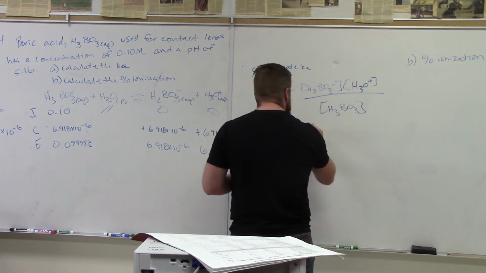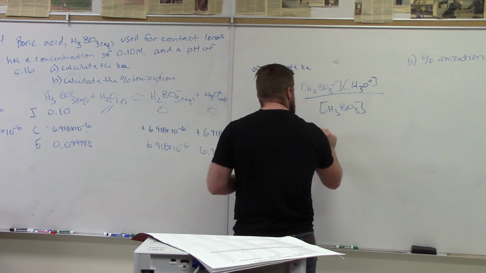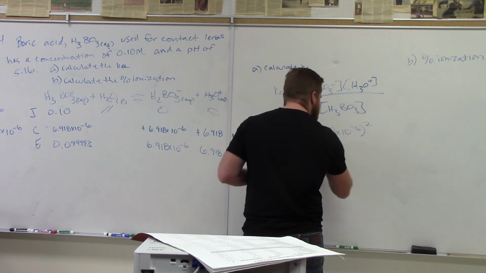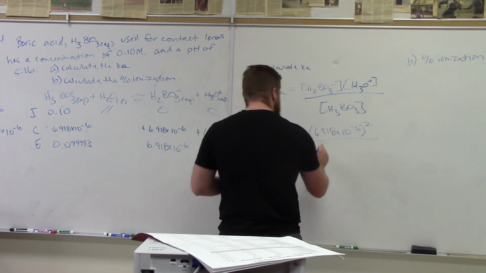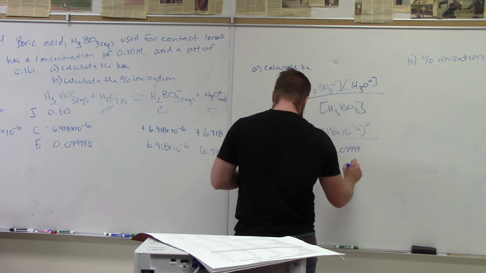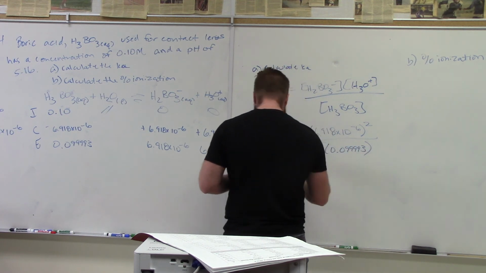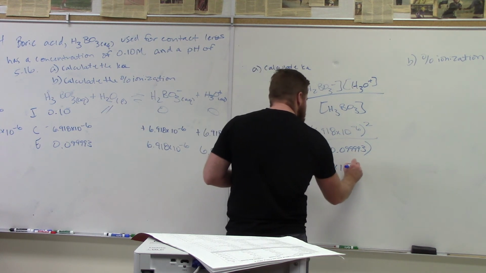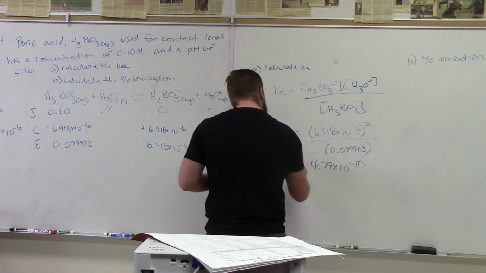So that will be 6.918 times 10 to the negative 6. And I'm just going to simplify this. That's squared over 0.099993. So that equals 4.79 times 10 to the negative 10. And that's my Ka.